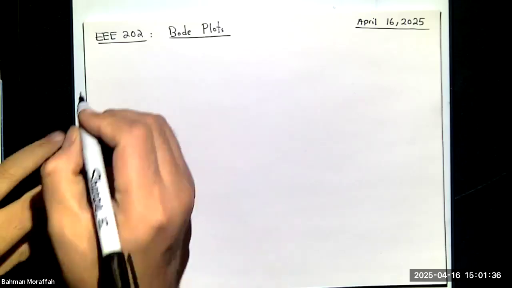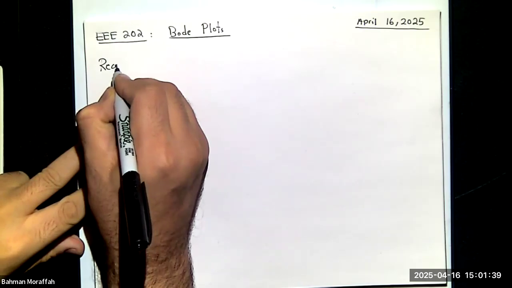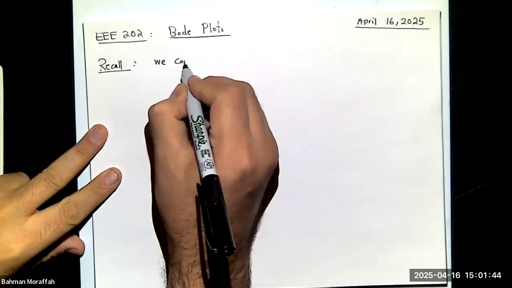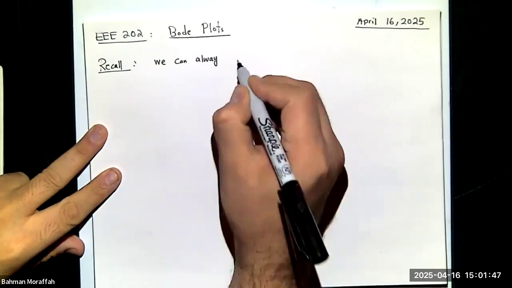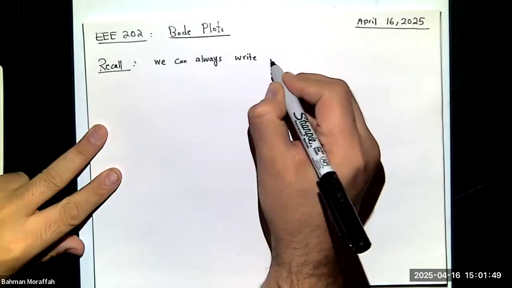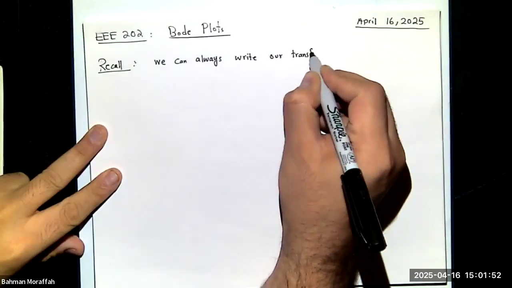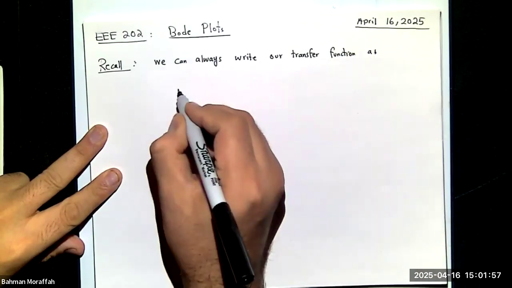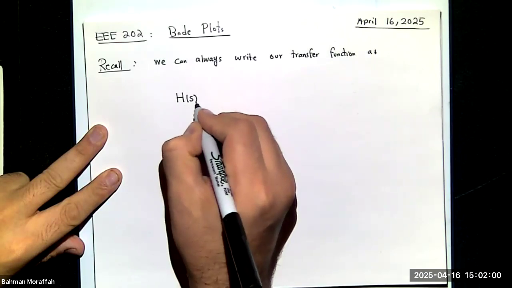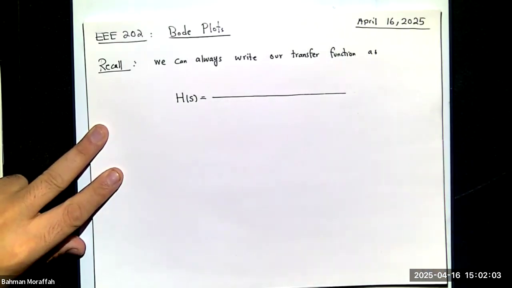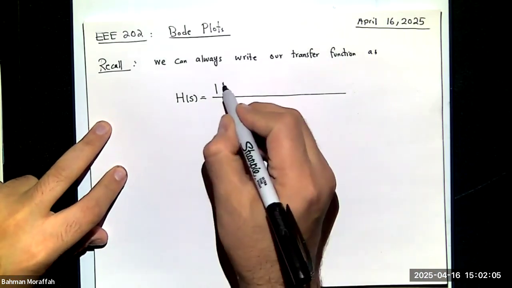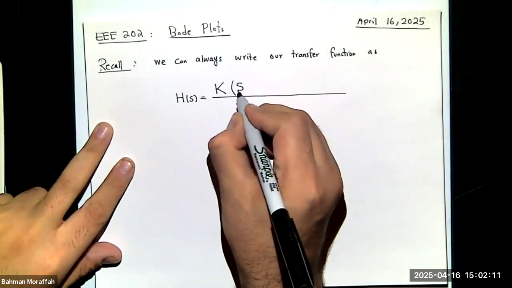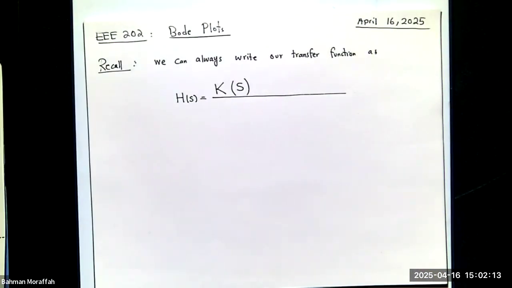So recall, we can always write our transfer function as H of s equals some constant k, times some poles or zeros that are happening at the origin.